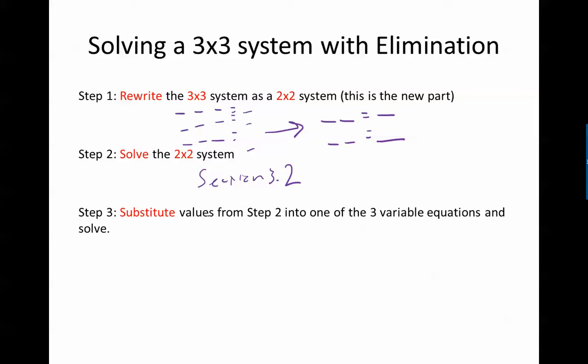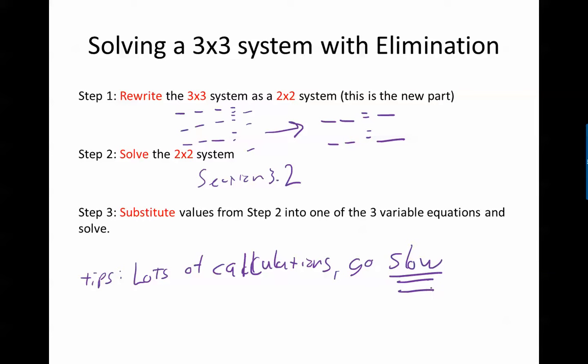This is not new. And then we substitute the values from that step into one of the three variable equations. So that's the general rule. The first thing is to make a 2 by 2 system, and then we're going to solve that 2 by 2 the same way that we've done. A couple other quick tips, because there's lots of calculations: make sure that you go slow.